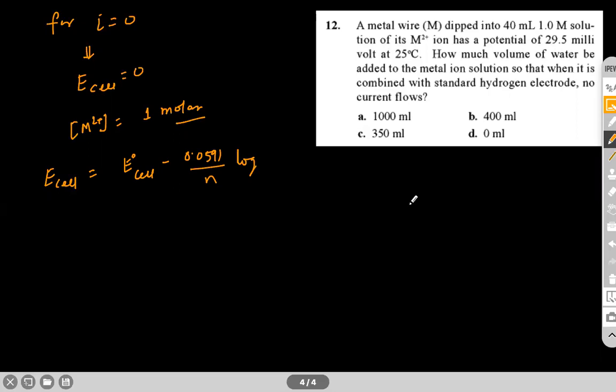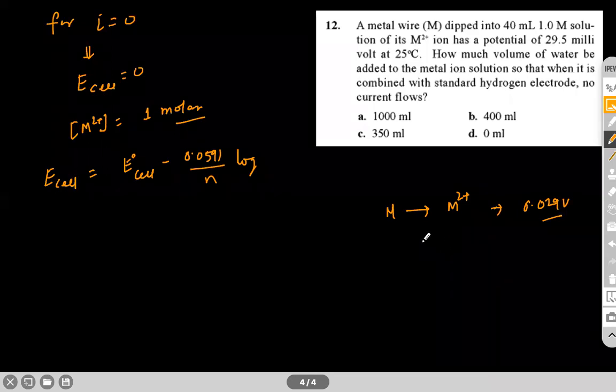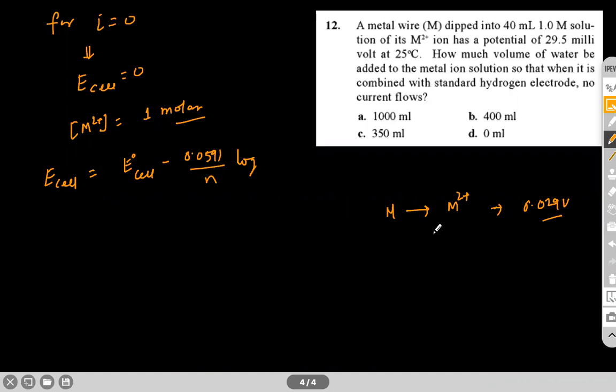But you see, a metal wire M to M2 plus, its potential is given, that is 0.029 volt, right? And for hydrogen has a potential.